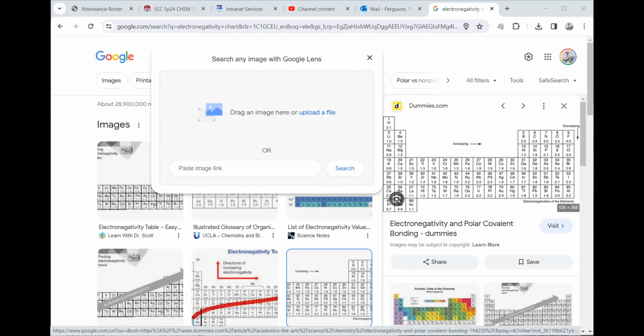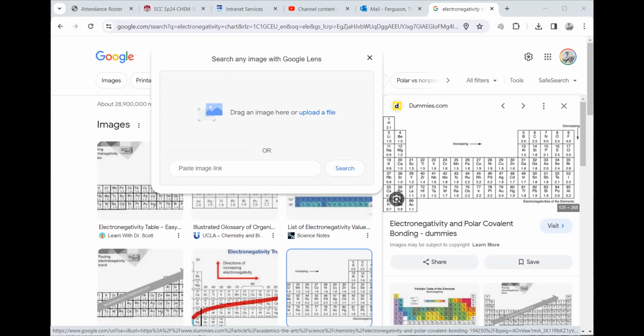Now, if they're going in the opposite directions, two dipoles can actually cancel each other out. If the direction is exactly opposite and the quantity is the same, they'll cancel each other out. Carbon dioxide is a good example of that.